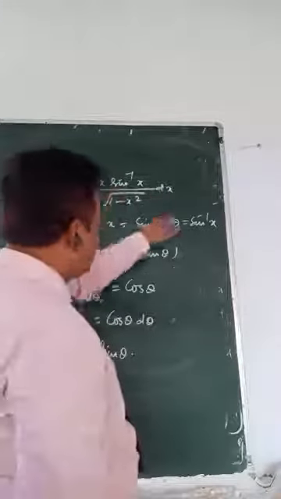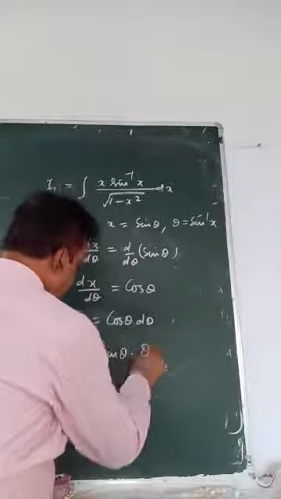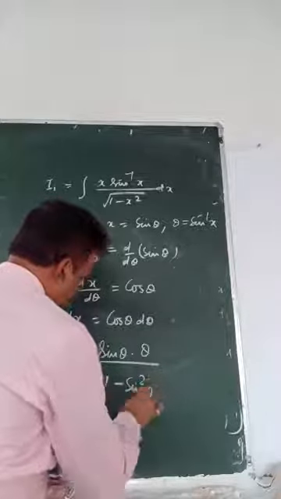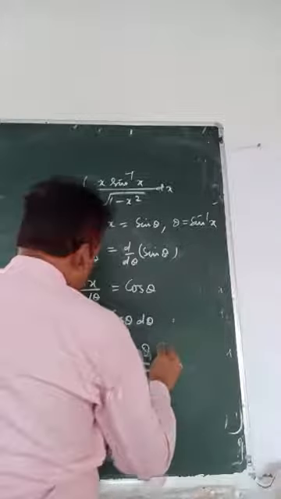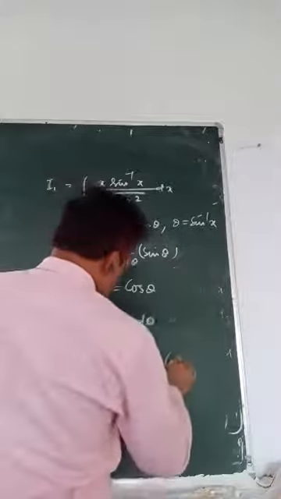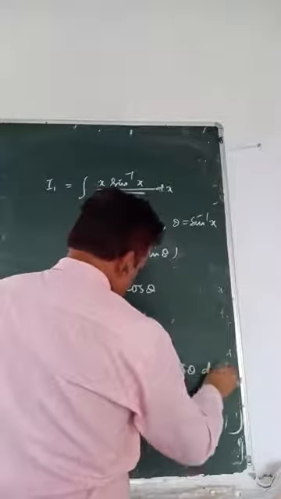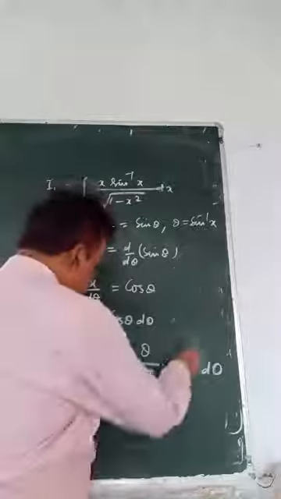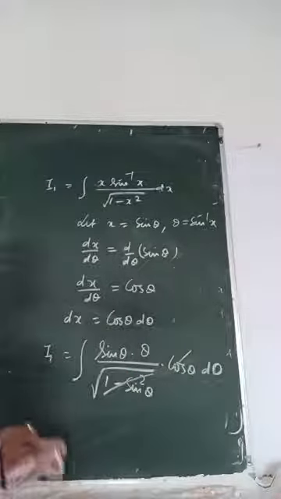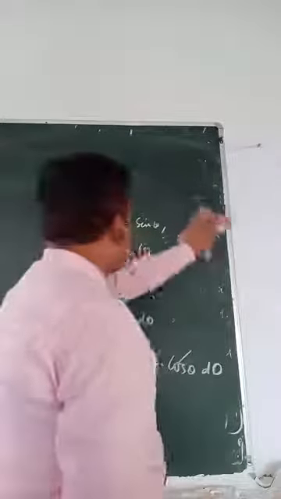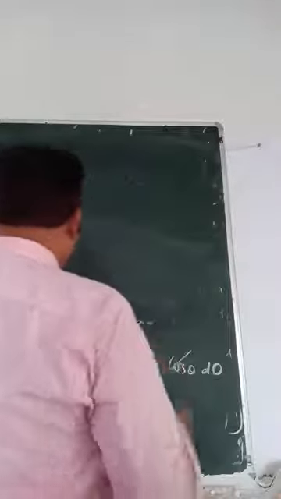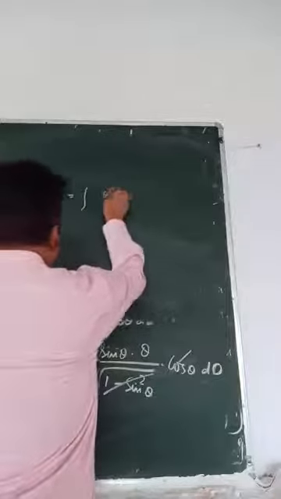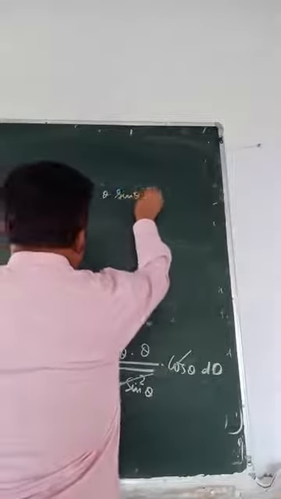Sin inverse x means theta. 1 minus sin square theta into cos theta d theta. Remember, root over 1 minus sin square theta is cos theta. This is cancelled. So what is left out? Finally, I1 equals integral of theta sin theta d theta.